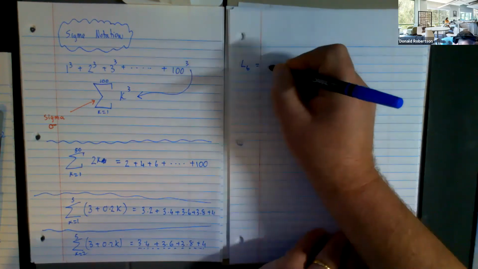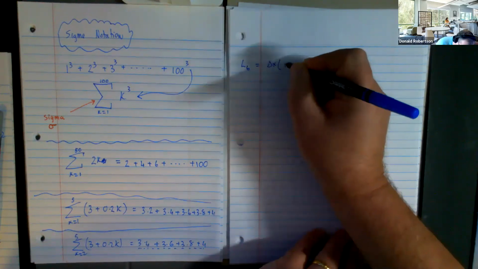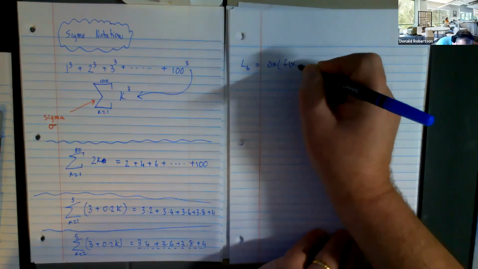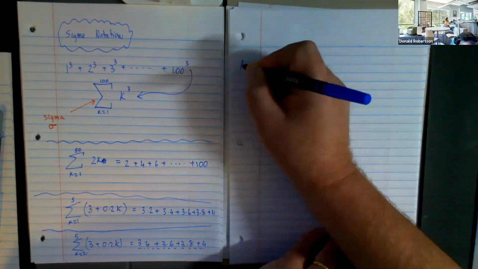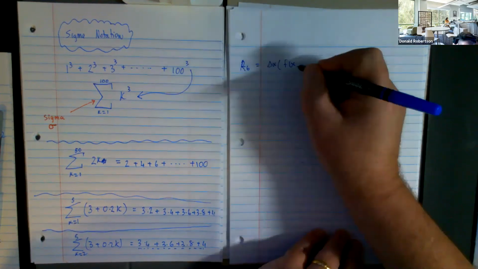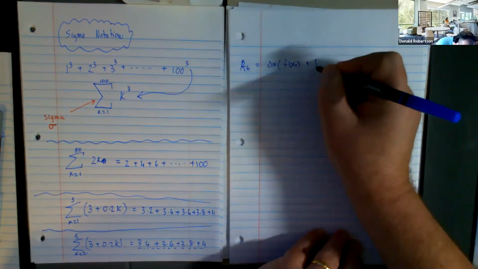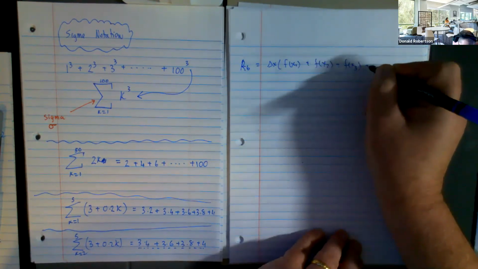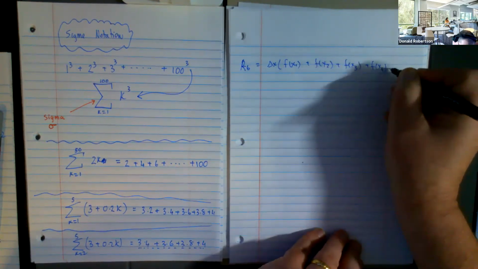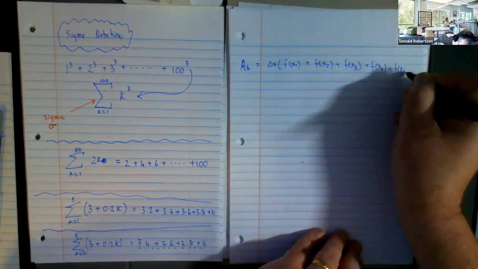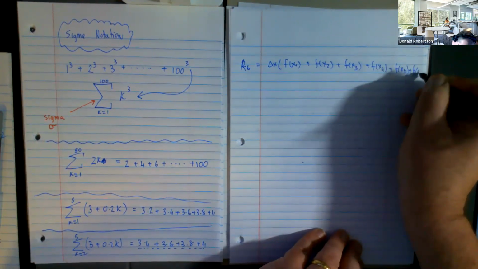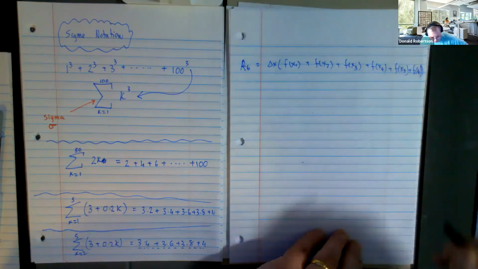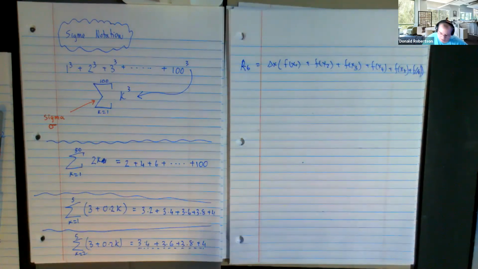And it was delta x f, oh, let's change that. Let's do R6. So it'd be 1, 2, 3, 4, 5, 6. That's a beast of a thing to write down, isn't it?